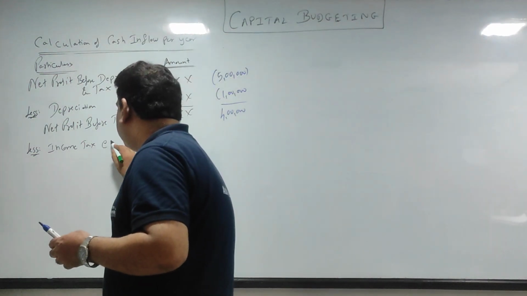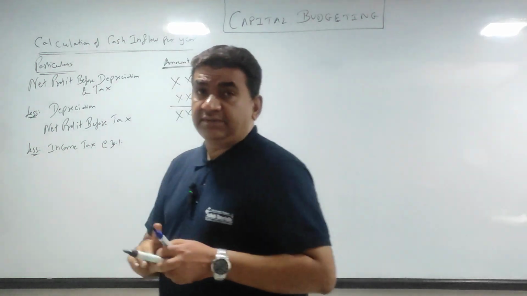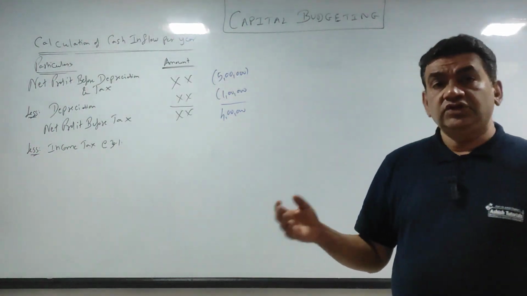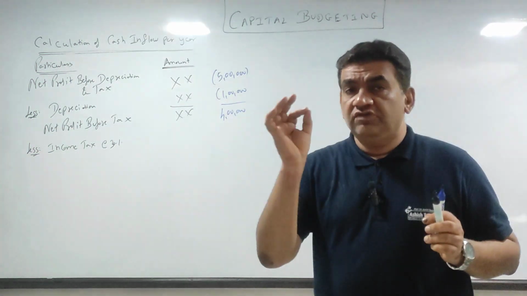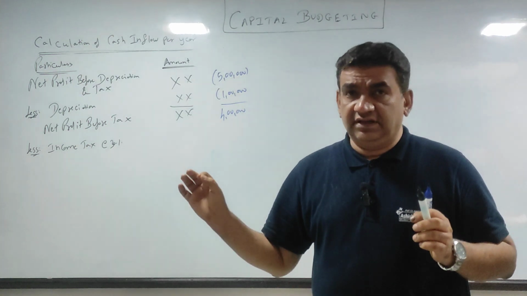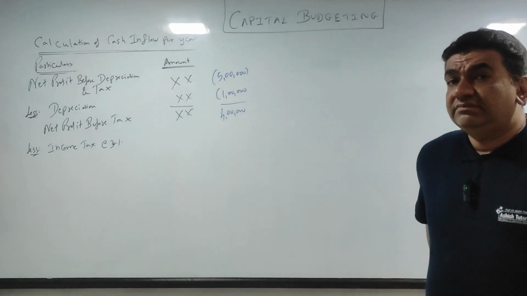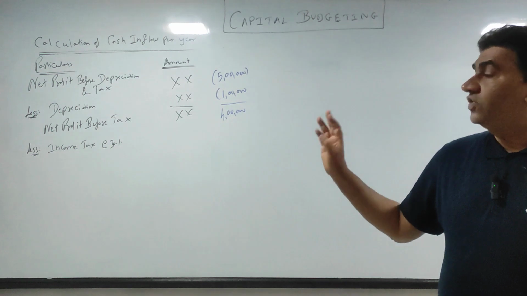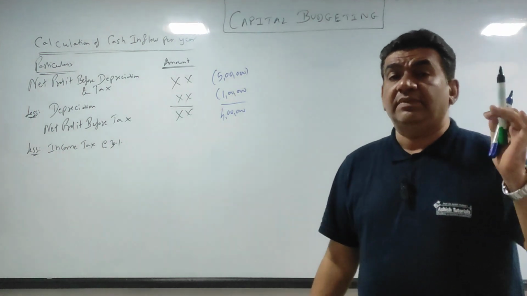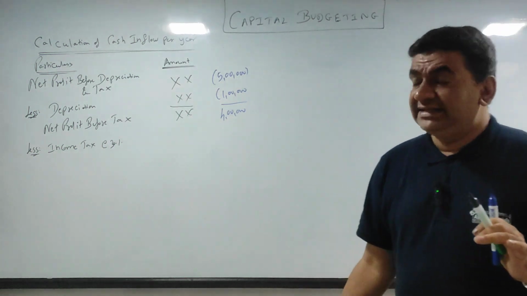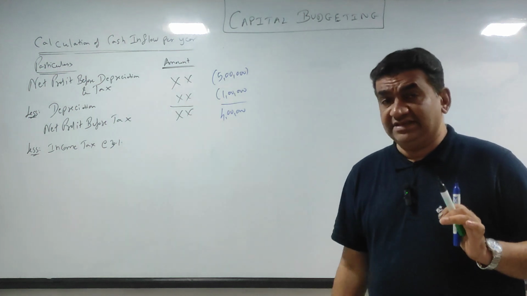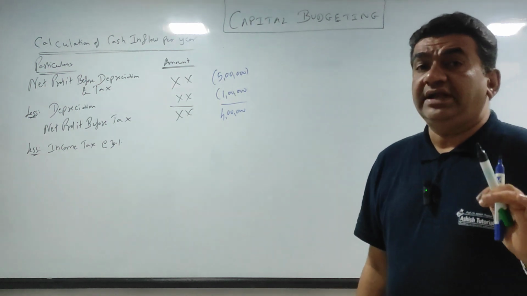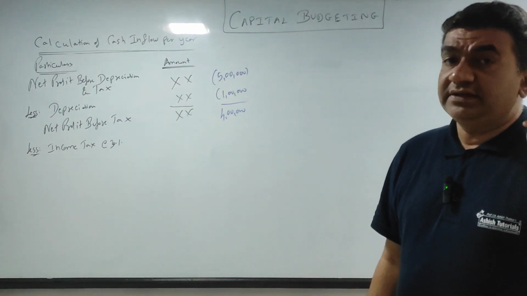Okay, just assume kar raha hu. Income tax 30%. Now, you all know, you all have done earlier. Whenever income tax is given, it is always calculated on the amount of profit before tax.